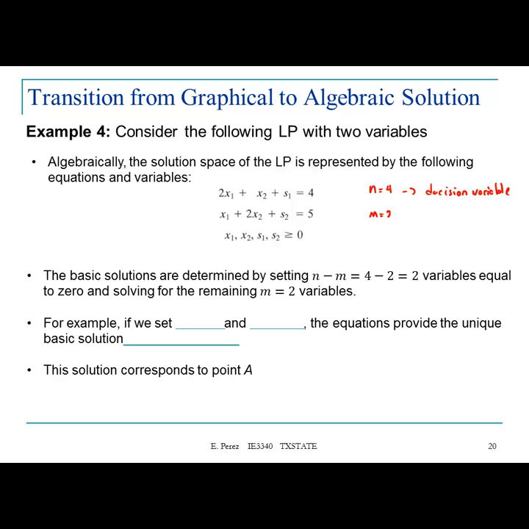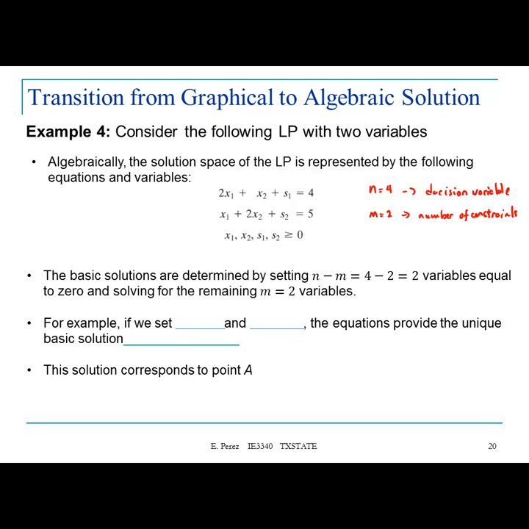M is the number of linear equations or the number of constraints. So when you subtract those, 4 minus 2 equals 2. Those two variables are set equal to 0, and we solve for the remaining two variables.